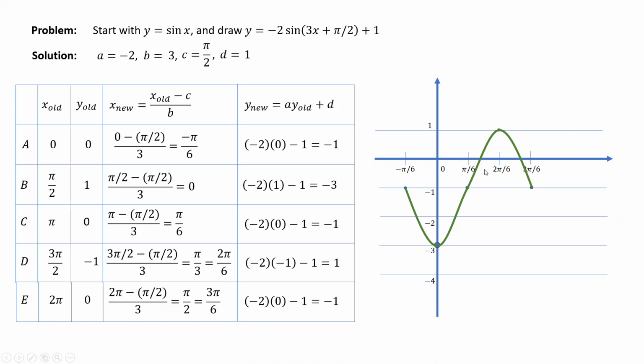So you make it this way, and that allows us to plot the points effortlessly. The next order of business is plotting these 5 points. So (-pi/6, -1), ta-da, that's where it's located. (0, -3), located here. (pi/6, -1), over here, there.